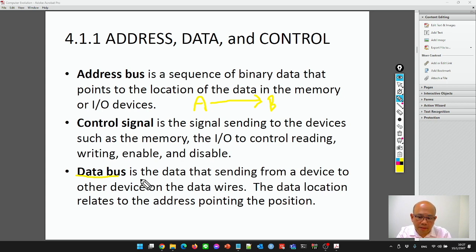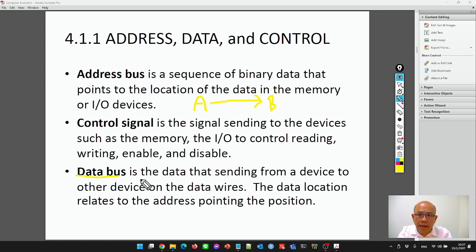The number of buses relates to the number of bits in the computer system. If you use an 8-bit system, you have 8 cables in the data bus. And for our computers, we use a 64-bit system, that is 64 cables.